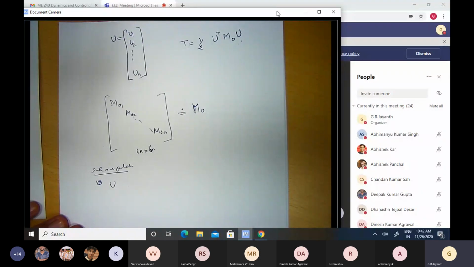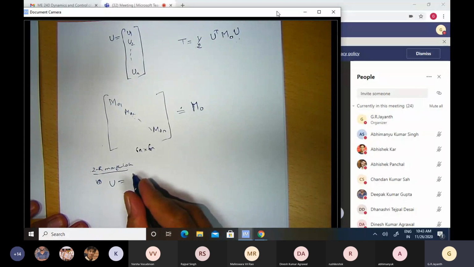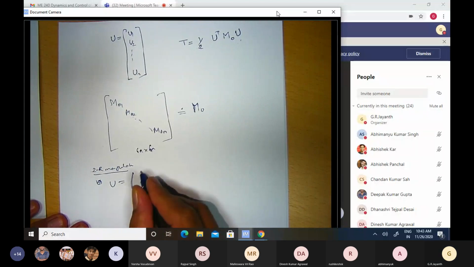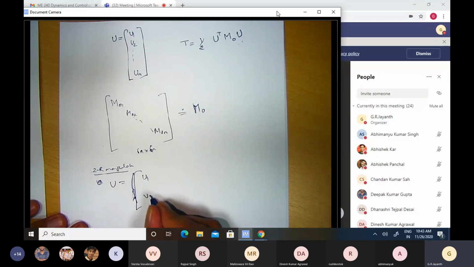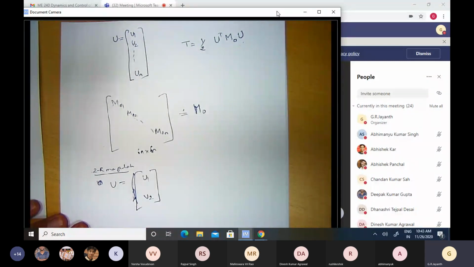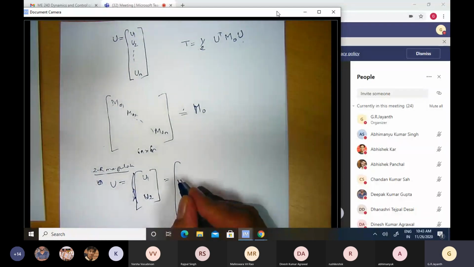But here we are dealing only with planar motion. So you would only have two components for linear velocity and one component for angular velocity. So capital U will be of the form U1, U2. Let me first break that down: the velocity vectors for the two links, and U1 itself, as we said, will be the translational velocity and angular velocity.